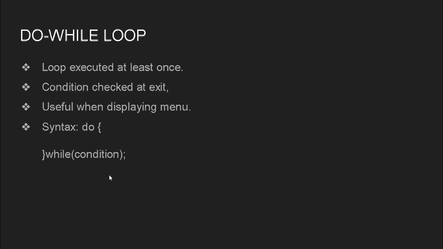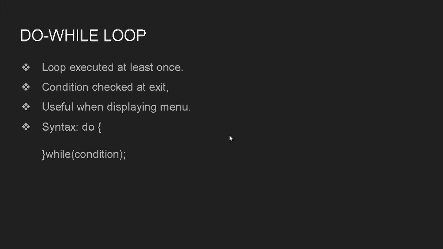Then after that, depending upon the input given by the user, the main menu will either reshow once again, or the program is going to simply terminate. So that is why this do while loop is mostly useful when you are displaying a main menu. Like when you want to add two numbers, subtract two numbers, or when you are asked to create a calculator in Java, you can use the do while loop to create a main menu.